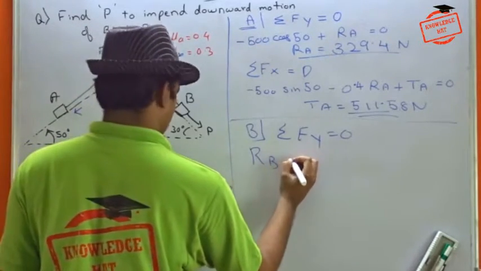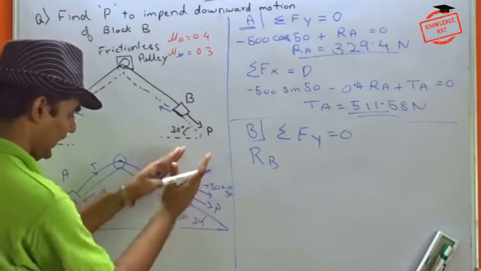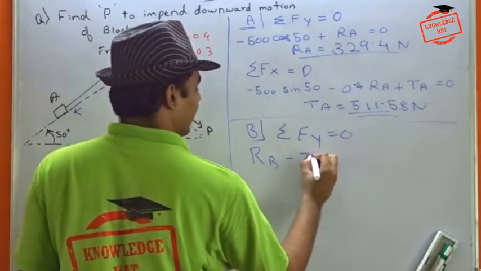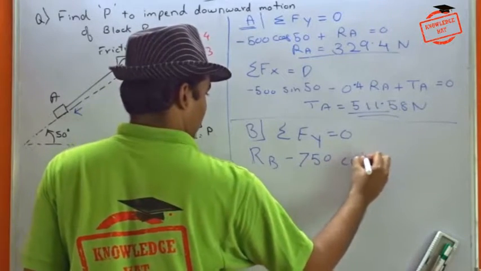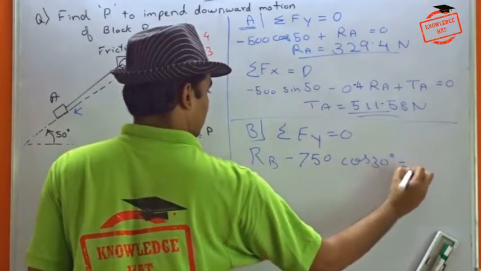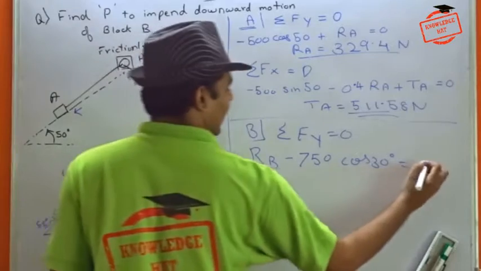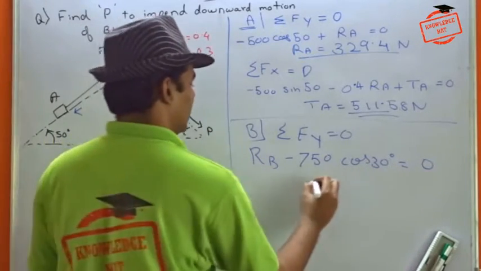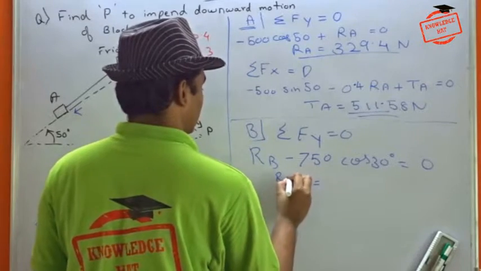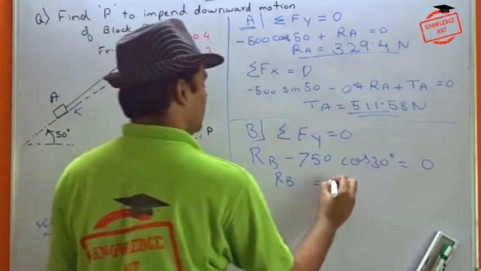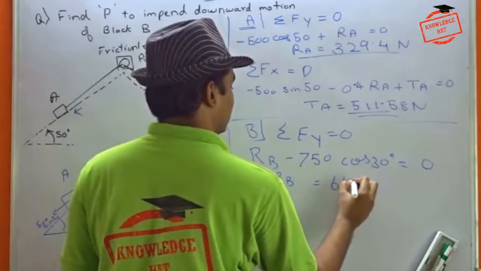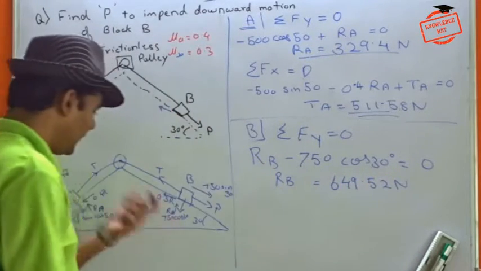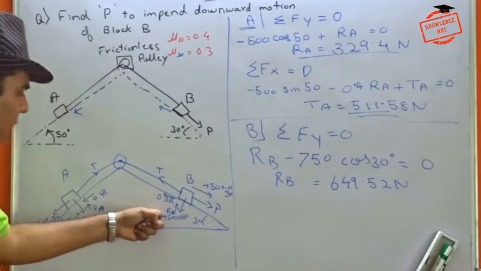The vertical component of the weight is acting downward, so this is minus 750 cos of 30 degrees. And we again equate this to 0. So what we get is RB is now equal to 649.52. So now we have the reactional force at B.